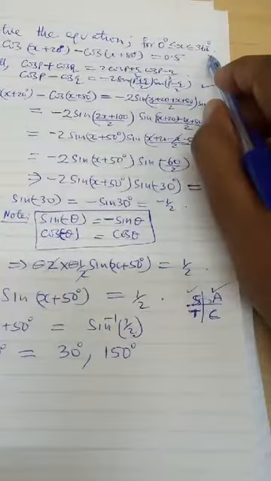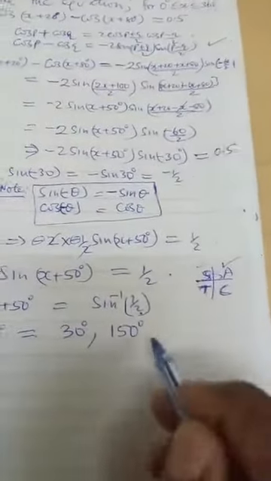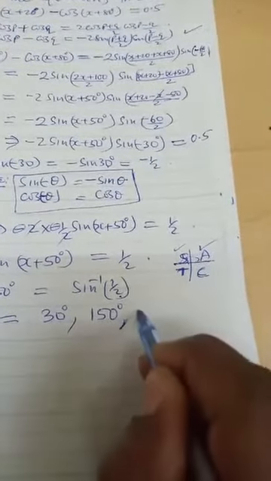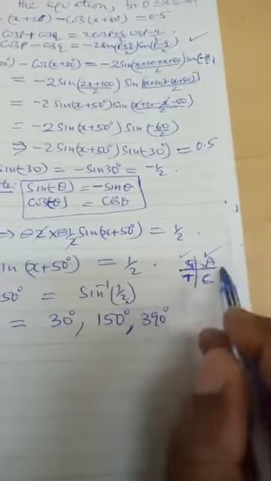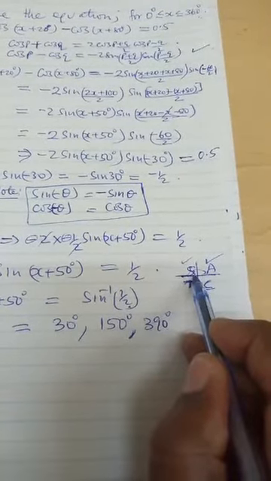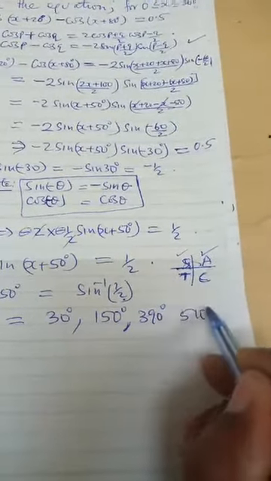Because the range given is 360, and we are going to be taking away 50 from each angle, we continue and look for the next angle. 360, we add on another 30, we get 390. We get 540, we take off 30, we get 510. This will be enough.